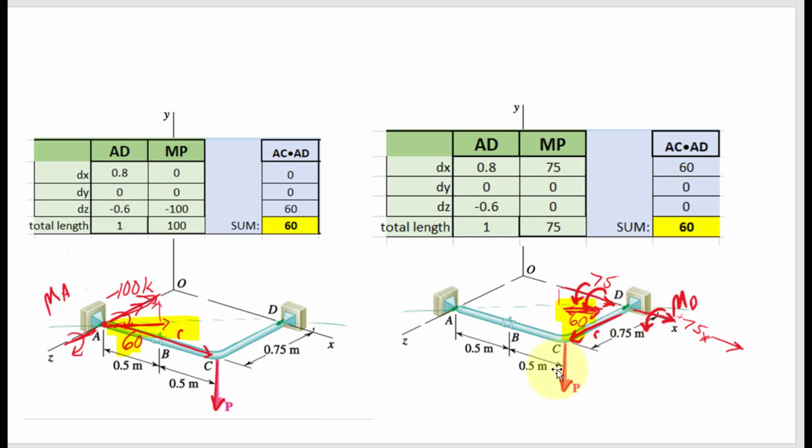And then I'll go one more step and take that moment, the 100K or the 75, and the dot product will get me the amount that is in this new direction.